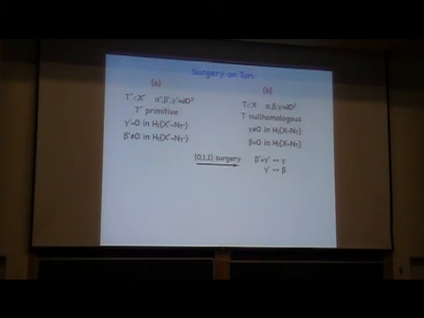And beta becomes 0, because in the surgery, beta is identified with gamma prime, which was the old meridian, which was trivial in the complement. Conversely, if you do a 0, 1, 0 surgery, in other words a surgery that kills beta in X, then you're going to get into situation A. So what we have is that surgery on A gives B, and surgery on B gives A.